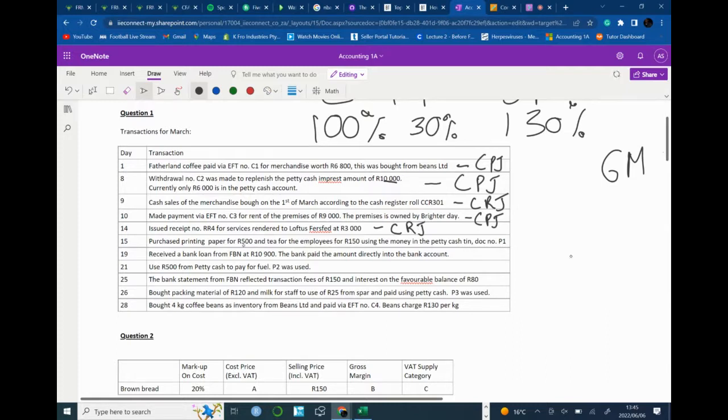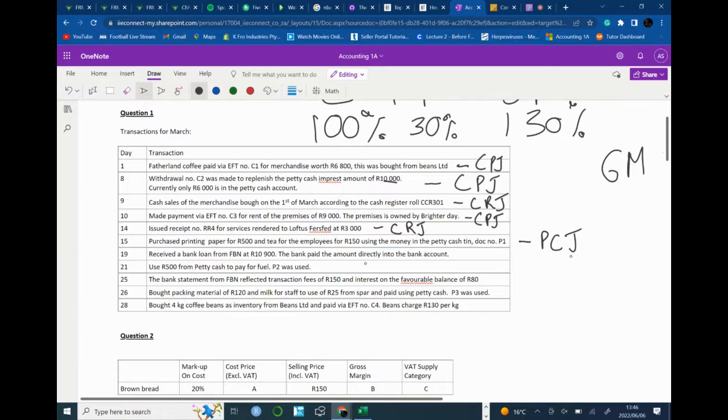Next, purchased printing paper for 500 Rand and tea for the employees, 150, using the money in the petty cash tin. Doc number P1. Yep, this is the petty cash journal. Everybody happy? Right, next one, received a bank loan from FBN, 10,900.